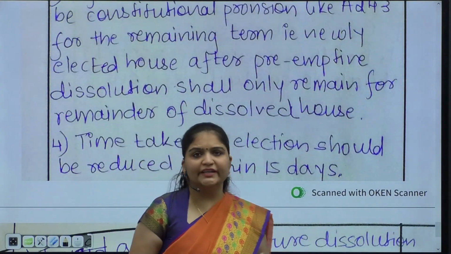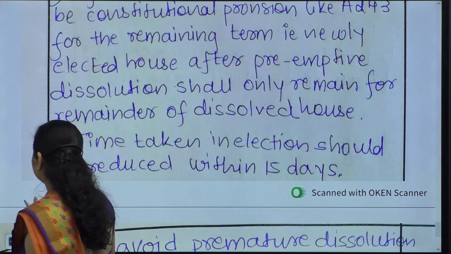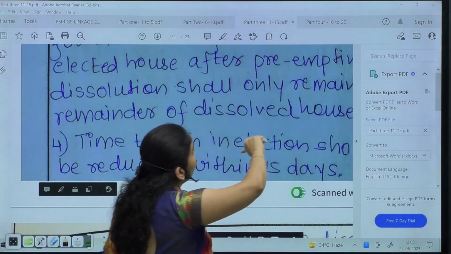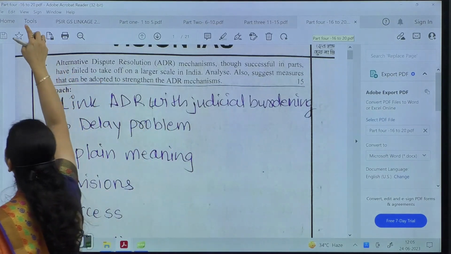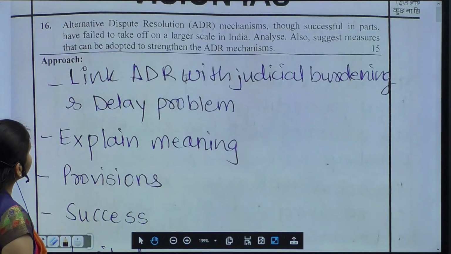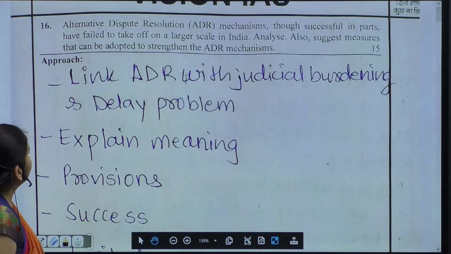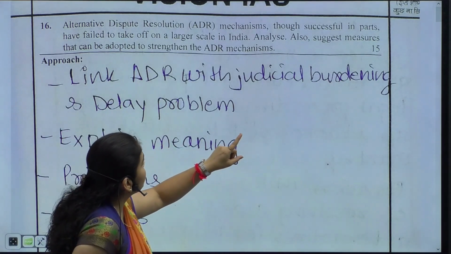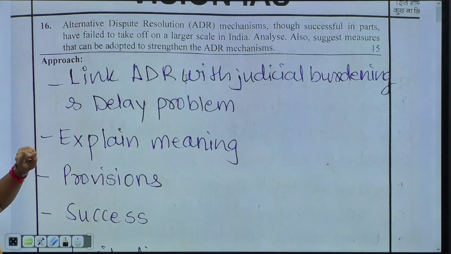So we'll move on to the next set now. Question number 16: alternative dispute resolution mechanisms, though successful in parts, have failed to take off on a large scale in India.